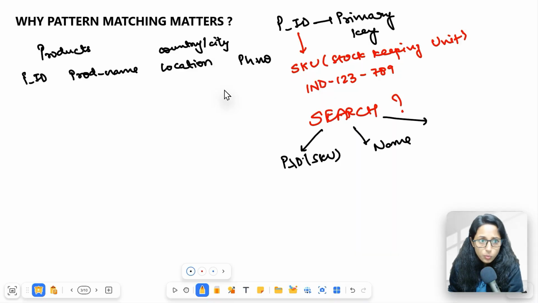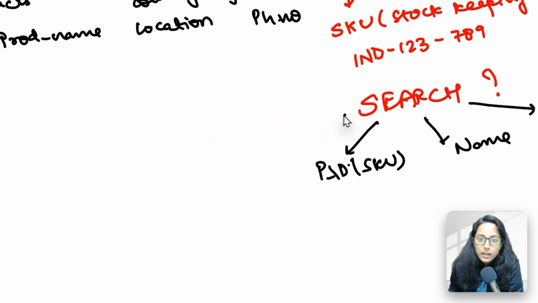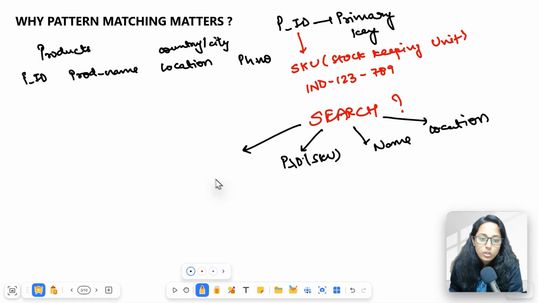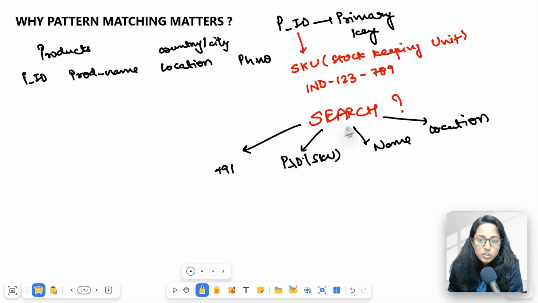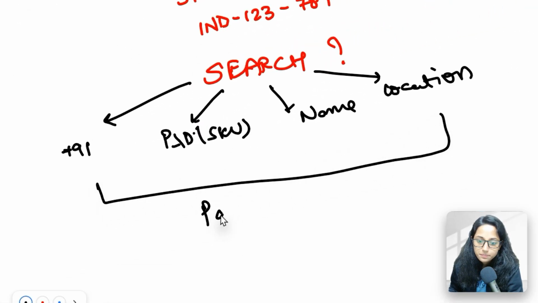But if we want to fetch the location of any of the products, then we can definitely make use of it. And if I want to filter it with the extension of my phone number, for example +91 or any other extension, all of these searching methods can be done with the help of pattern matching.